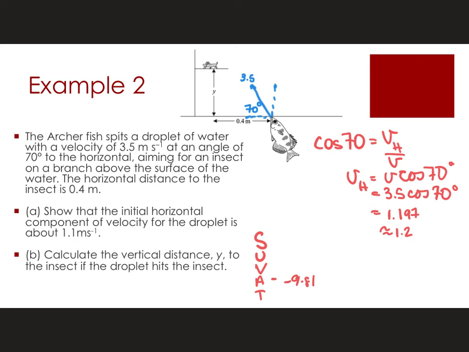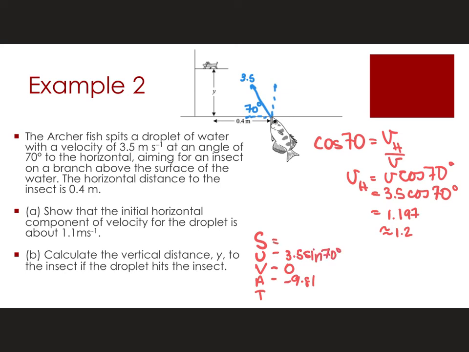If it's just going to get up to the top, we could use the final velocity equaling 0. We know that its initial velocity is going to be the vertical component. So if the horizontal one was cos, this one will be sine. That'll be 3.5 sine 70 degrees.